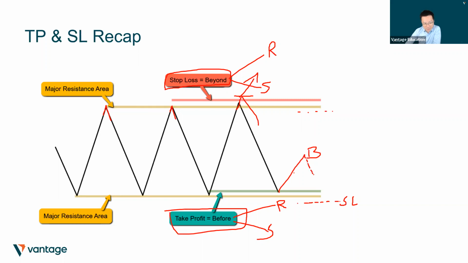Maybe it comes back down again, then you could be looking to buy there with better risk to reward towards upside, or let it come back down, bounce back up, and find the entry there. So I always want to make sure the trade fits my stop loss and take profit levels first before I even consider that trade entry. So that's a quick recap in terms of take profit and stop loss levels.